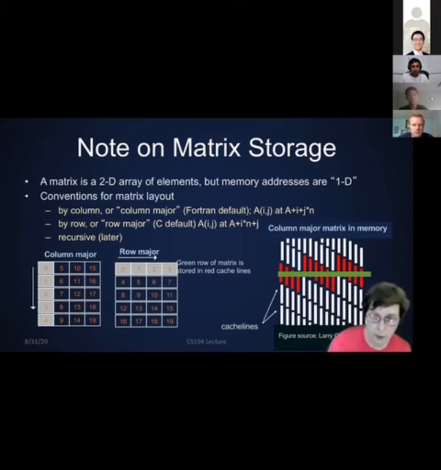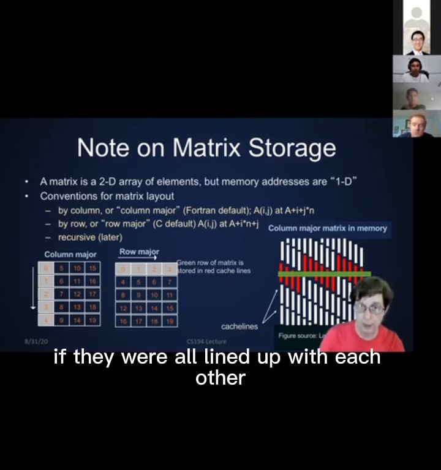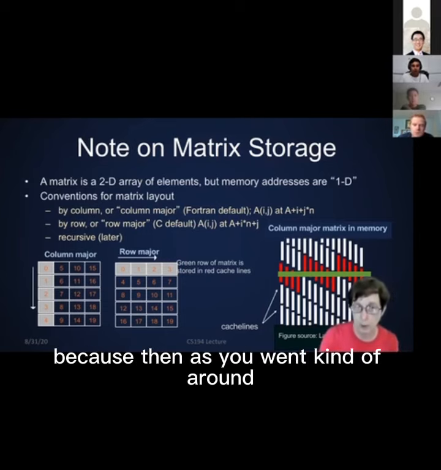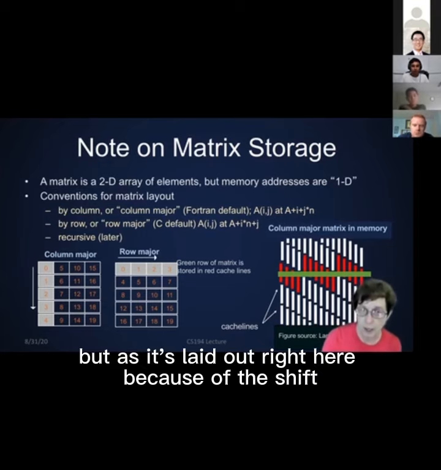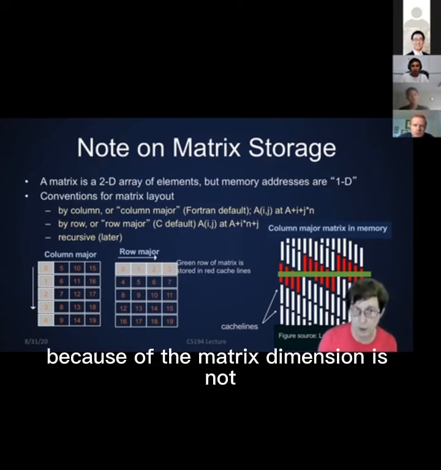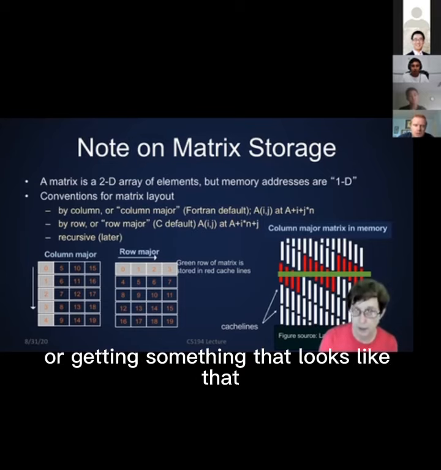And so those red lines might be a little bit better if they were all lined up with each other, because then as you went around to the next row, you would be continuing to hit in the cache. But as it's laid out right here, because of the shift, because the matrix dimension is not divisible by the cache line size, you're getting something that looks like this.